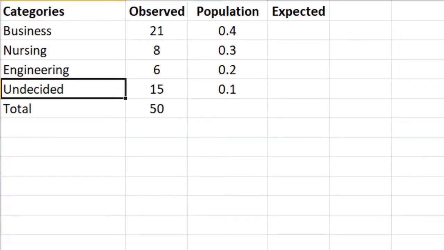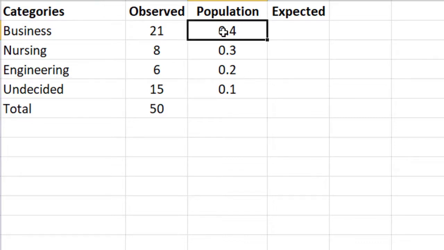So let's now get started performing the test to see if all of these are correct or some of them must be incorrect. So let's say we start out by accepting that all of these population proportions are correct. Think about it.